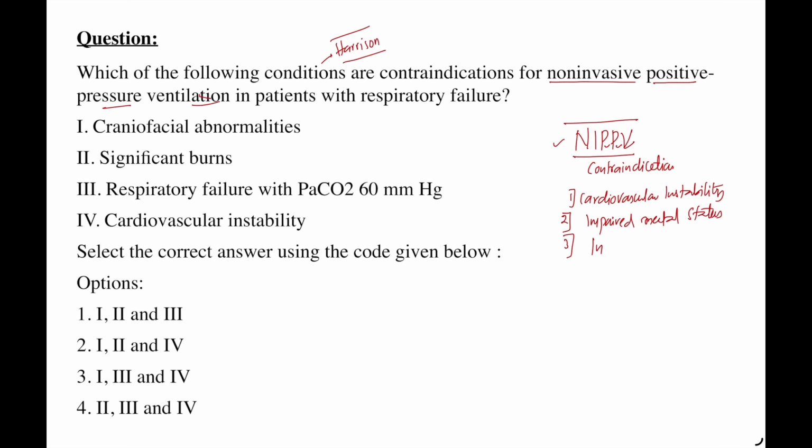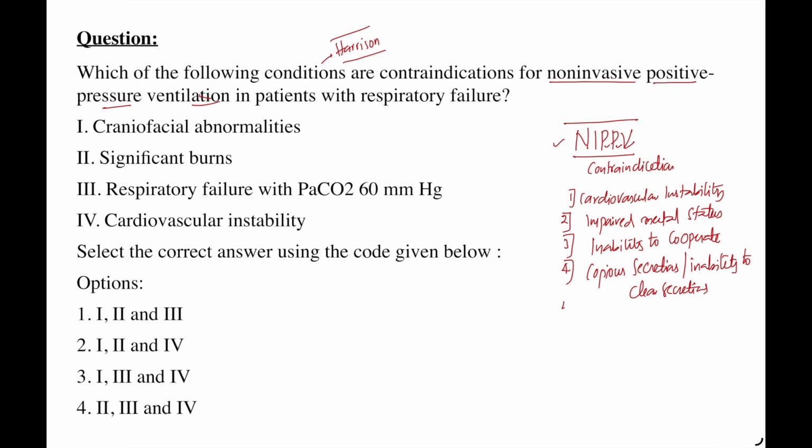And if the patient is non-cooperative, that is inability to cooperate, and if the patient is having copious secretions, it's difficult to maintain. Copious secretion, aspiration, or inability to clear secretions, in that case also we have this issue.